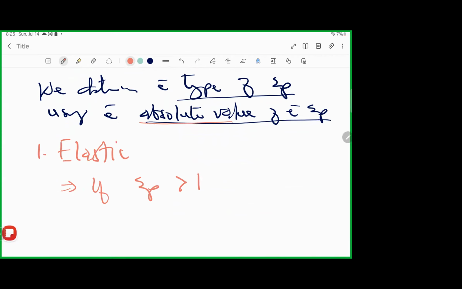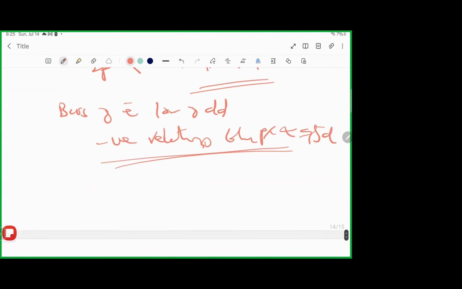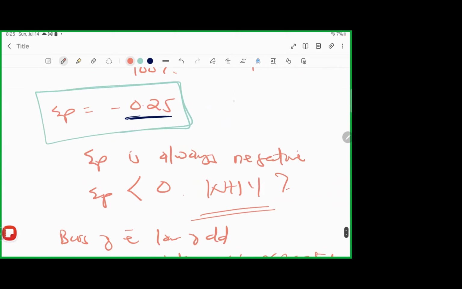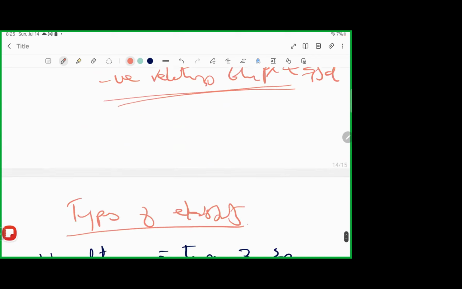We found the elasticity to be minus 0.25, so its absolute value would be 0.25. We just take off the negative sign and look at the positive.